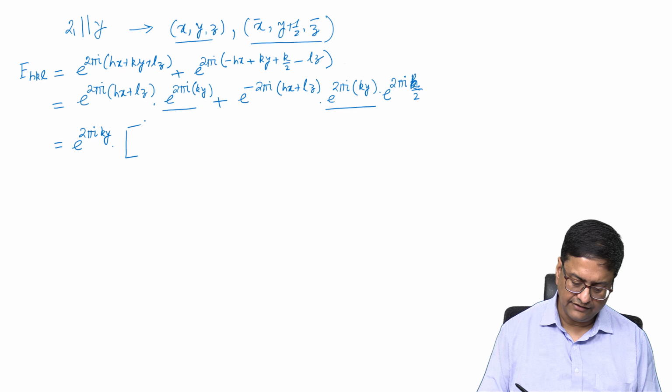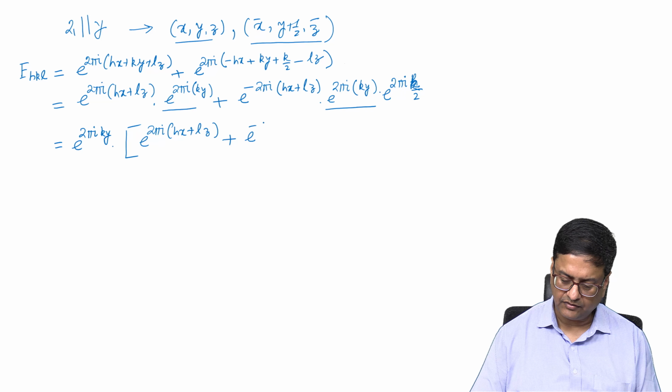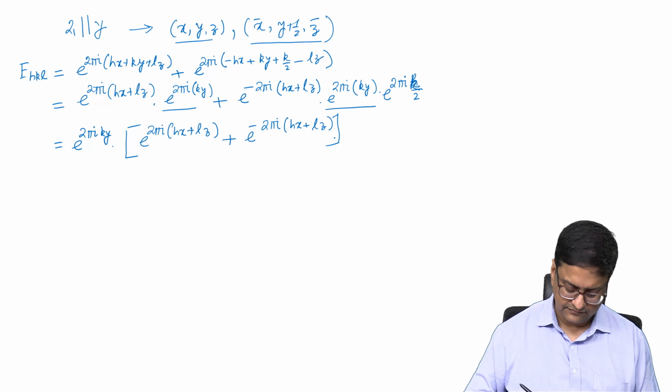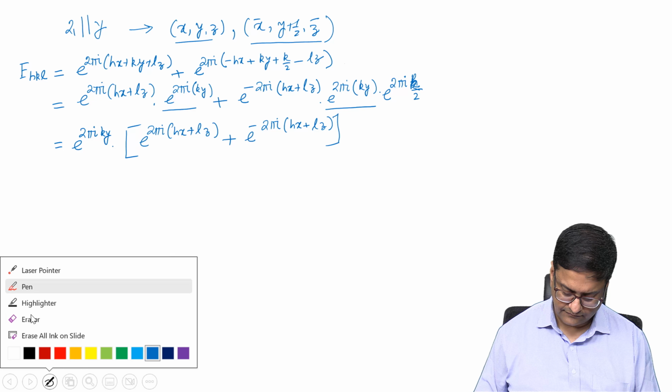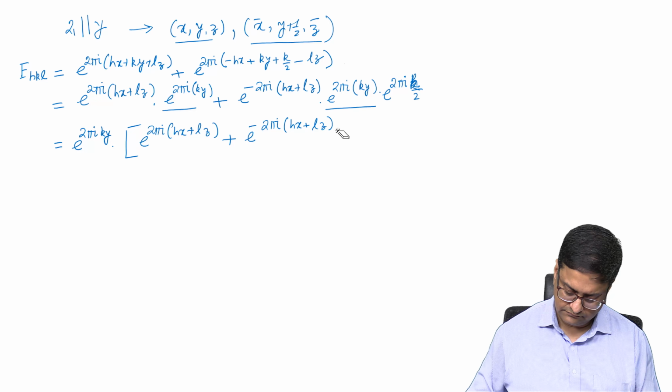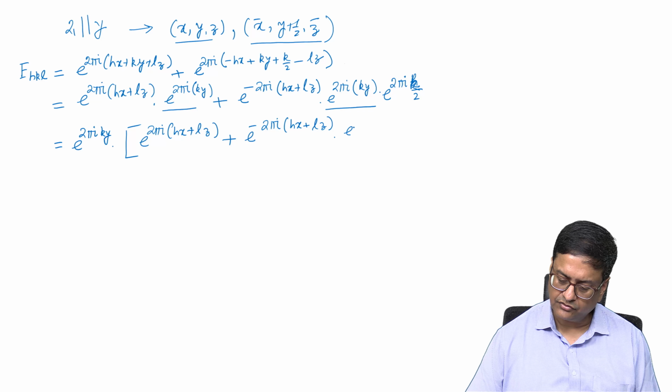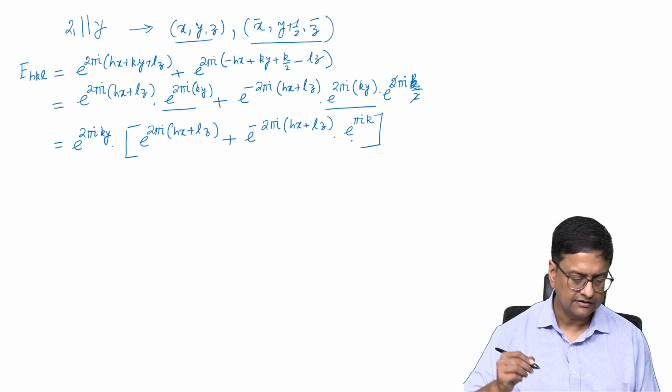So, then we are left inside with e to the power 2 pi i (hx + lz) plus e to the power minus 2 pi i (hx + lz), into e to the power pi i k, because this 2 and that 2 get cancelled.